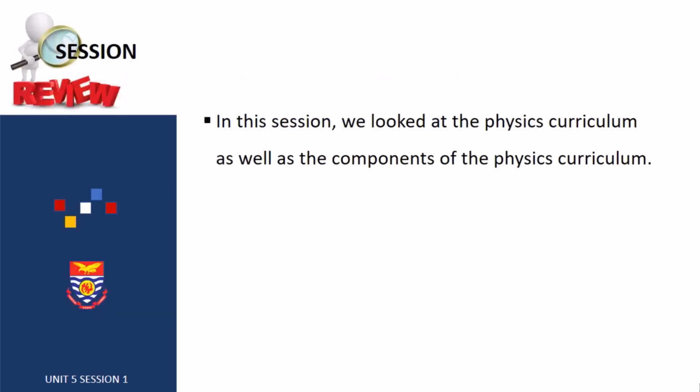Now, students, in this session, we looked at the physics curriculum as well as the components of the physics curriculum. We mentioned that the physics curriculum should be able to reflect the four components of curriculum that were identified by Kerr. And we saw the four components were the objective, the content, the methodology, and evaluation.